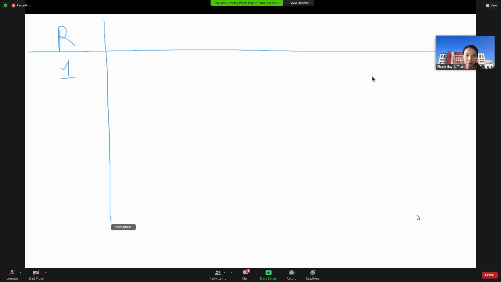This is the first replication, and we have the first entity arrive, so we will have y1. This is the time in system of the first entity for the first replication.